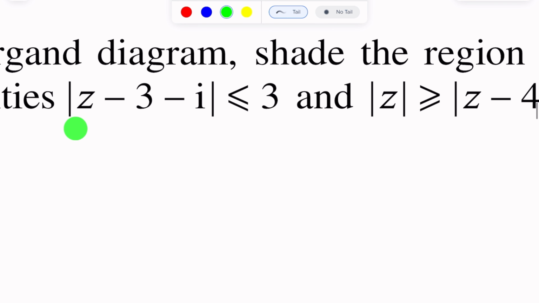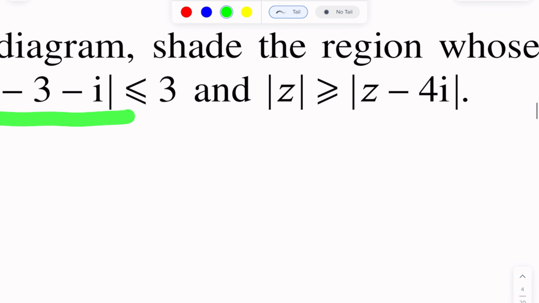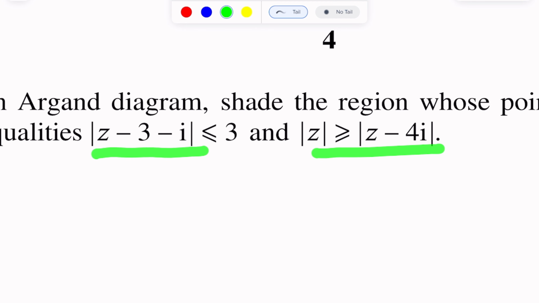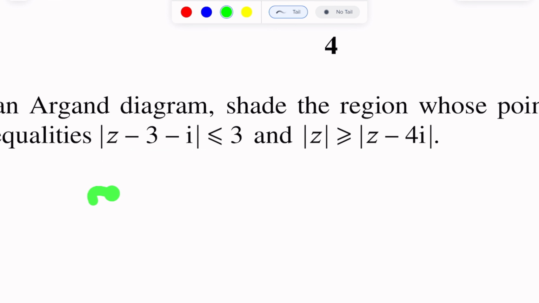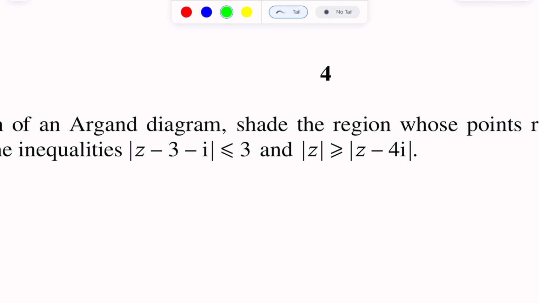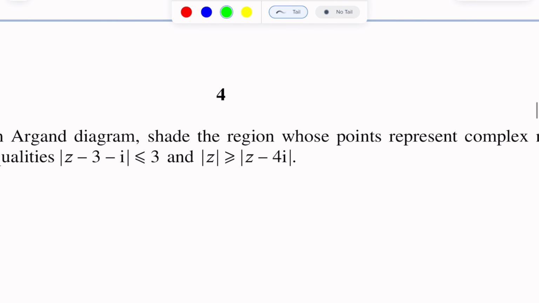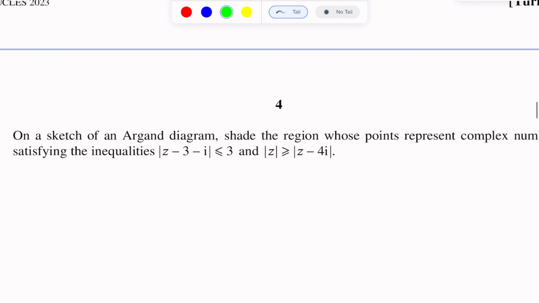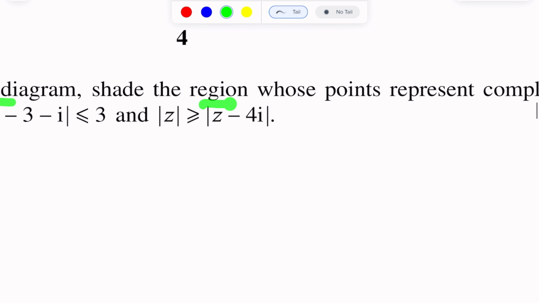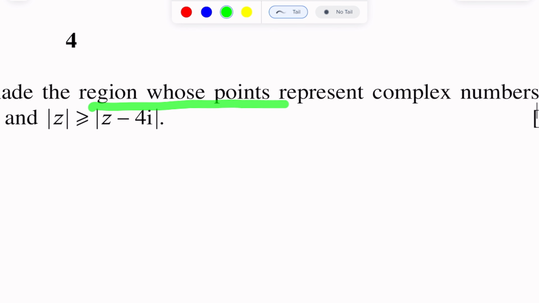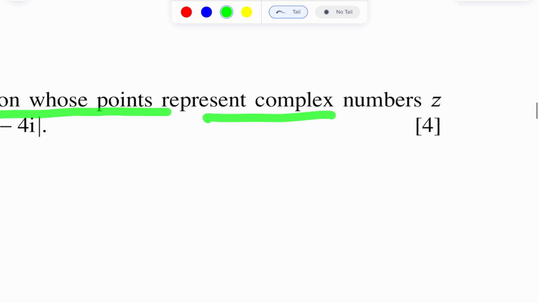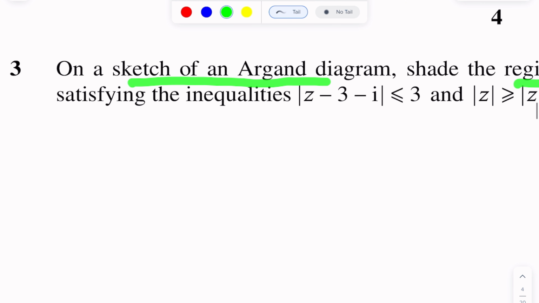These are two inequalities. In both the inequalities, z is a general complex number. Sketch an Argand diagram. Shade the region whose points represent complex numbers z satisfying the inequalities.